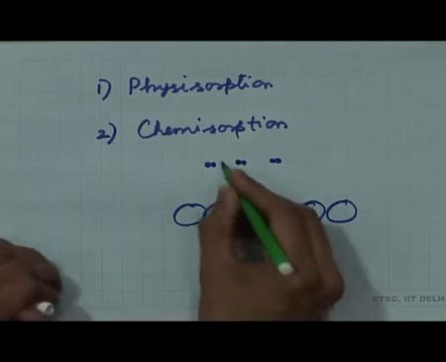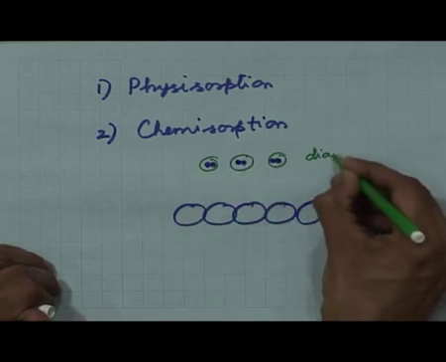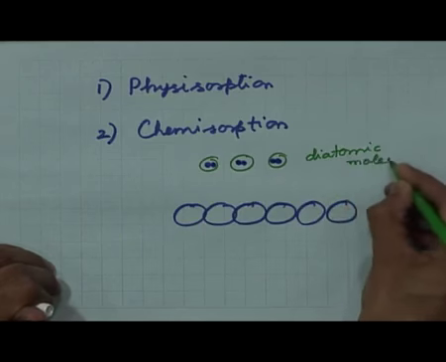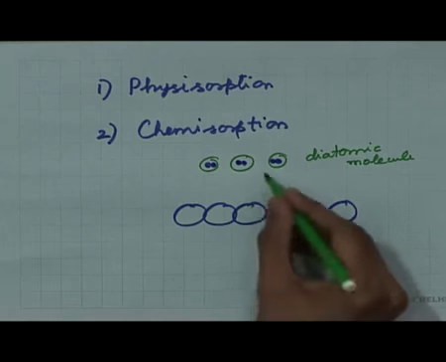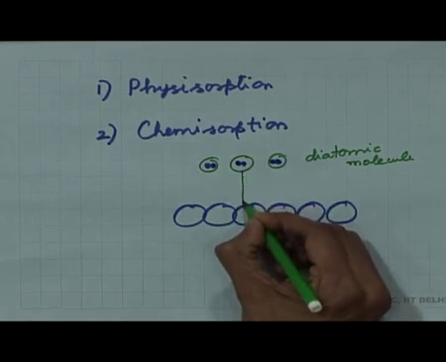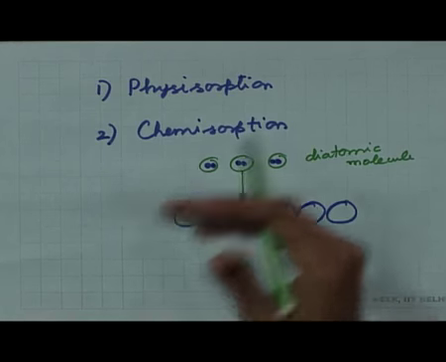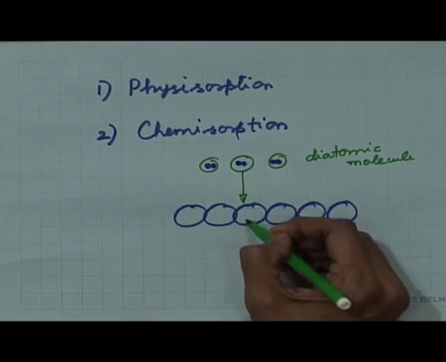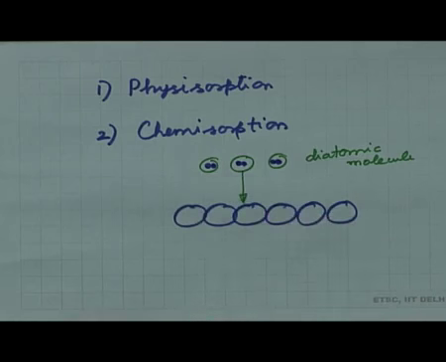Each of these things on top is a diatomic molecule. What we are trying to look at is, as the diatomic molecule approaches the surface, what is the kind of interaction that it encounters?